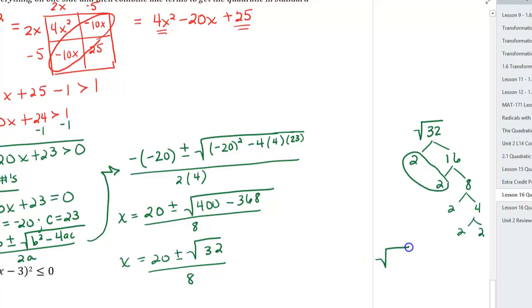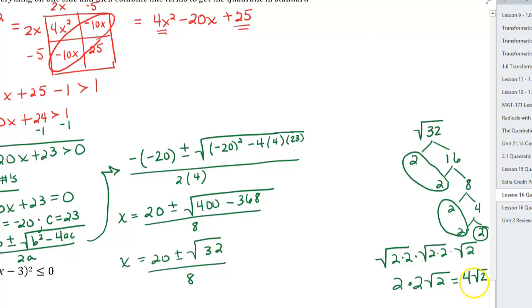So the square root of 2 times 2 for that pair, times the square root of 2 times 2 for that pair, times the square root of 2. And I don't have another 2 to pair that with. So this would be the square root of 4, which is 2, times the square root of 4, which is another 2, times the square root of 2, which becomes 4 times the square root of 2.